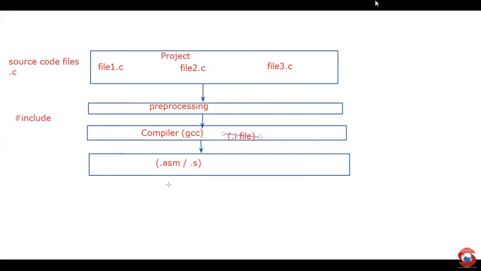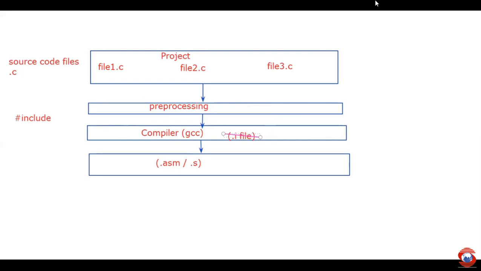Now what is available inside this .s file? The .s file is called the assembly code file, which will be given to the assembler. So the assembler is one more language converter that is used when we are executing programs. The assembler will try to give the instructions in the form of assembly language, and these instructions will be given to the CPU for execution of the project.